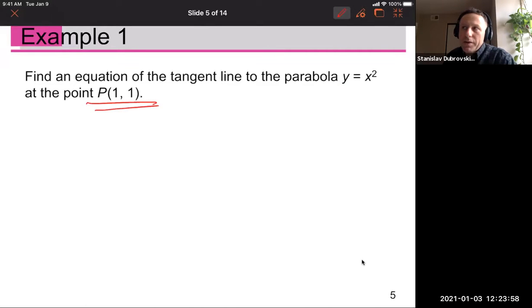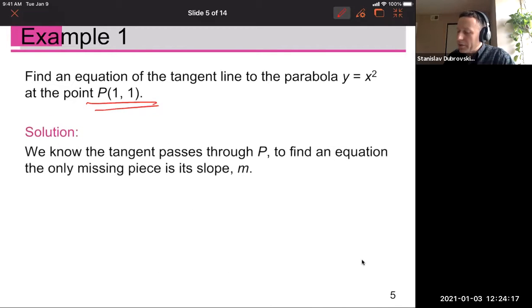But what else is needed to write an equation of a line? Another data point could be either a different point on the line, or just a slope, right? So that's what we'll say. We're missing the slope. Let's try to find the slope of the tangent line.